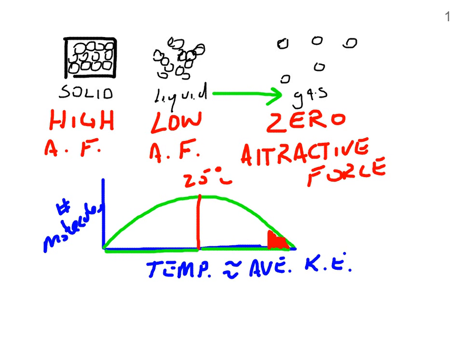Because that's what you're doing when you're getting a substance to boil, is you're overcoming the attractive forces with this molecular motion. So this little portion right here of those that I just drew would have enough kinetic energy, because they're the fastest moving, to break the attractive forces holding them as a liquid, and they are going to go away and evaporate.